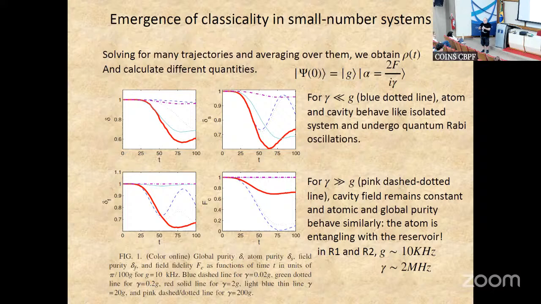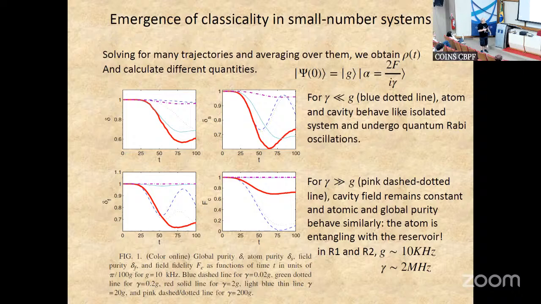Okay, it's a coherent state, and the average number of photons depends on the ratio of my pumping and my decay rate. And here, as I said, the average number of photons is 1, which means that gamma is equal to 2F. Okay? So you see that if gamma is much smaller than G, the coupling between the atom and the field, that means that this is not a lossy cavity, it's actually a very good cavity.